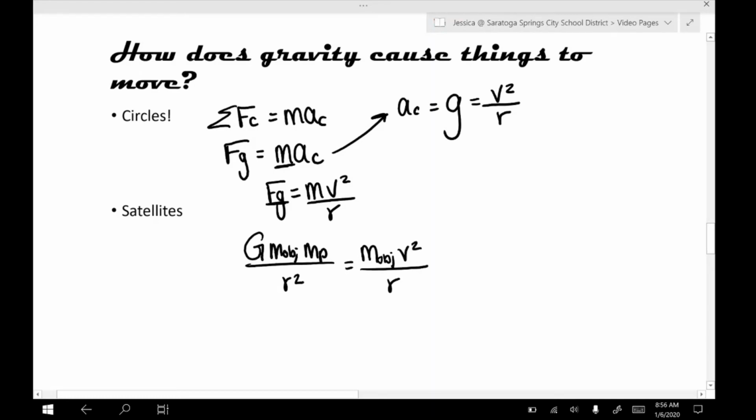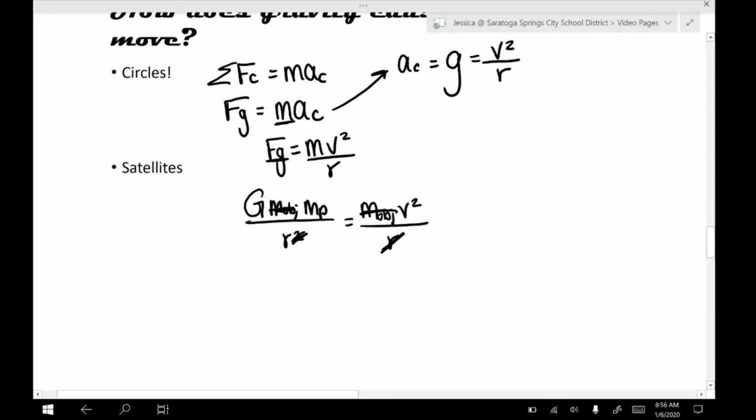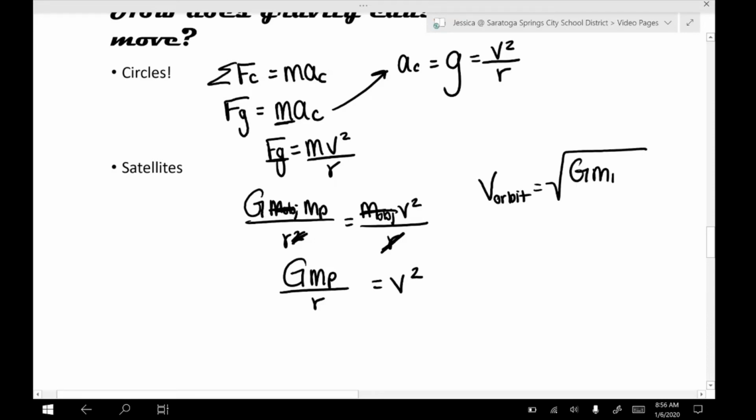So the mass of the object cancels out. One of the r's cancels. Okay, so we're really left with G times the mass of the planet, over r, is v squared. So we could actually solve for the orbital velocity by just taking the square root of both sides, where r is the distance from center.